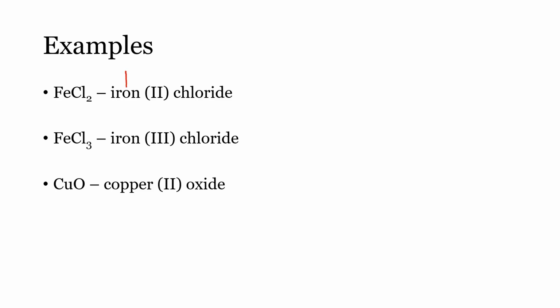So our Fe in the first example will have a +2 charge, and that is coming from the Roman numeral to the right of it. In the middle example, our Fe has a +3 charge, and that is coming from the Roman numeral to the right of it. So our iron can have two different charges, which is why these Roman numerals are needed.